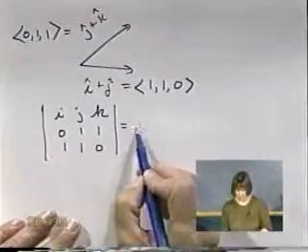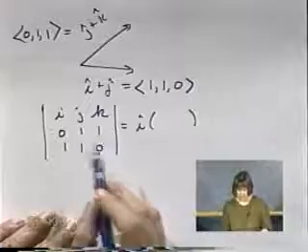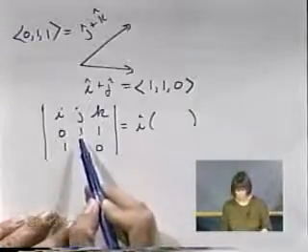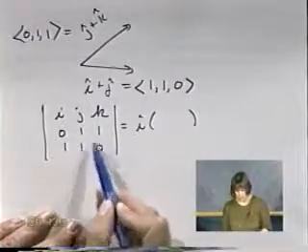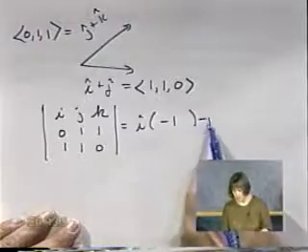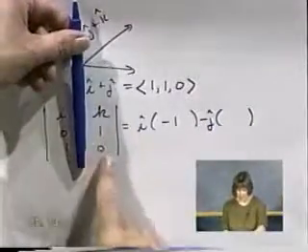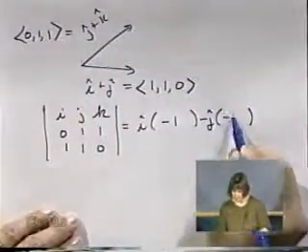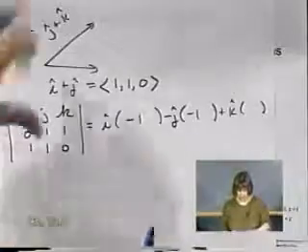And this is going to give me i times, now help me in case I mess up, 1 times 0 is 0 minus 1. I can do that. Minus j times, let's see, eliminate the row and column j's in, so I have a 0 minus 1, plus k times 0 minus 1.